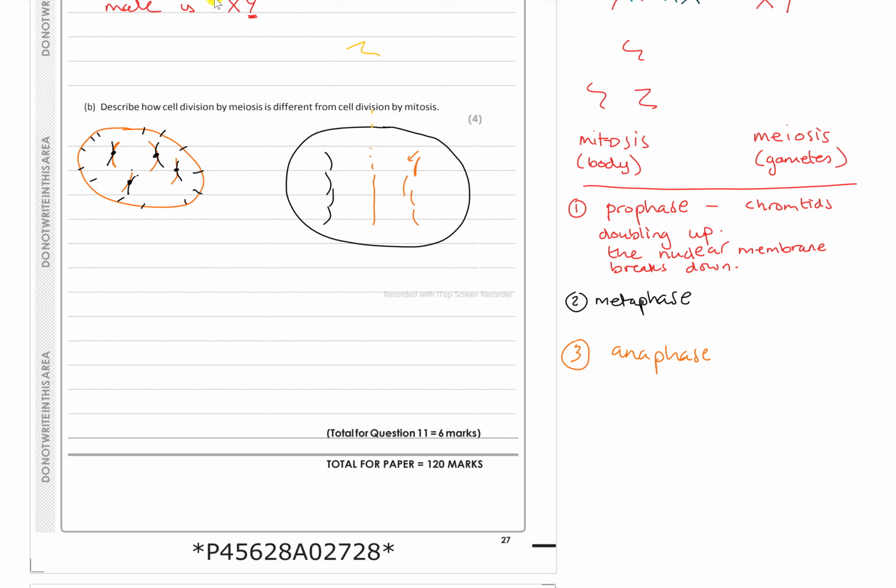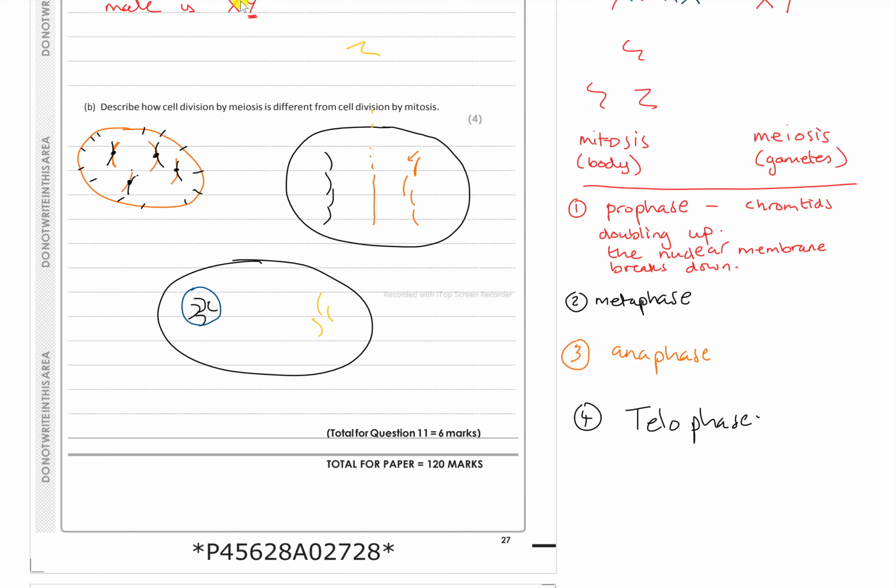Right. And then the final stage is telophase. So these are all in one. All these 4 end up in one. We're only going to show 4. And the membrane starts forming. You've got 1, 2, 3, 4. And you've got a membrane forming.